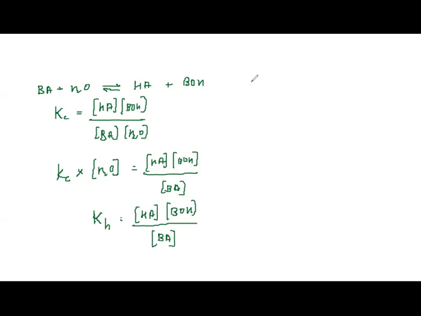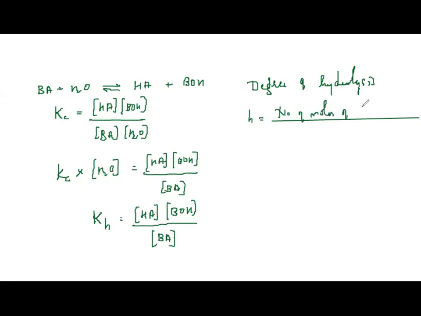And if you want to find the degree of hydrolysis, we have h, which is the ratio of the number of moles of salt hydrolyzed to the total number of moles of salt taken.